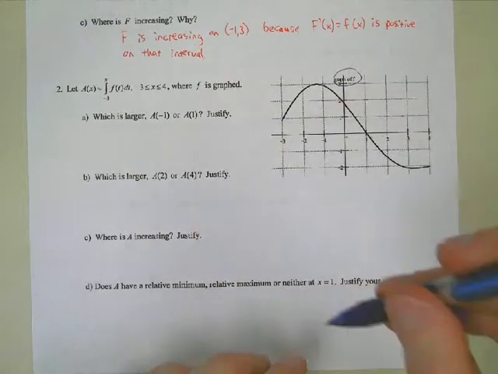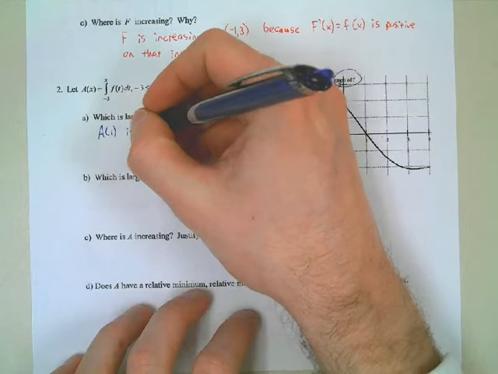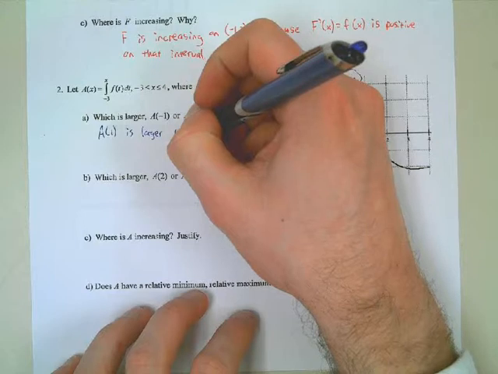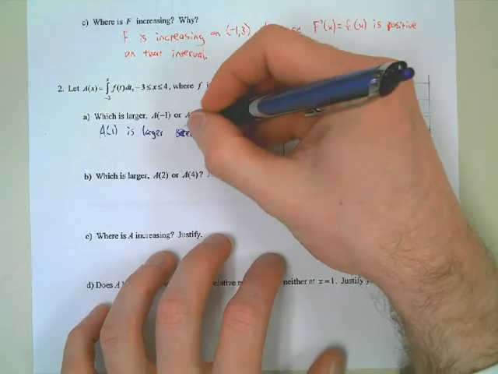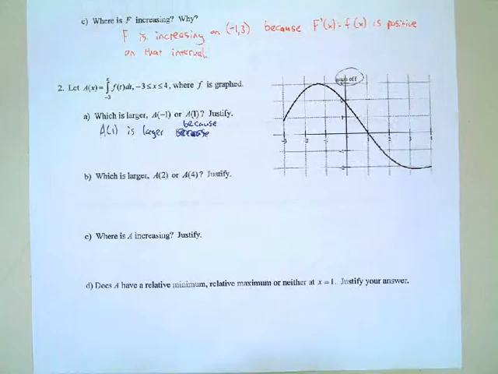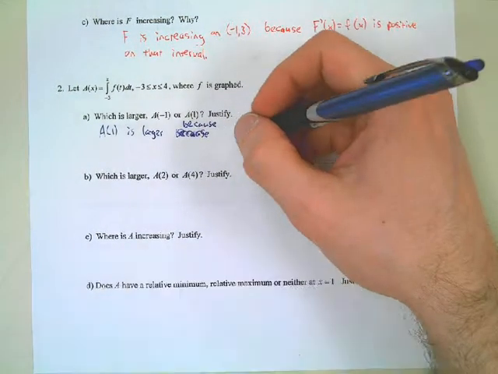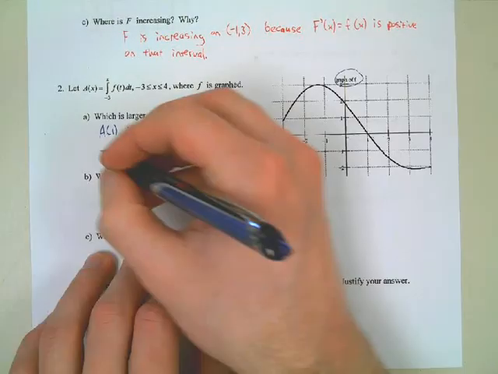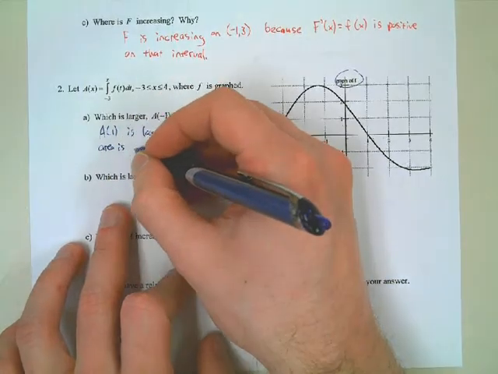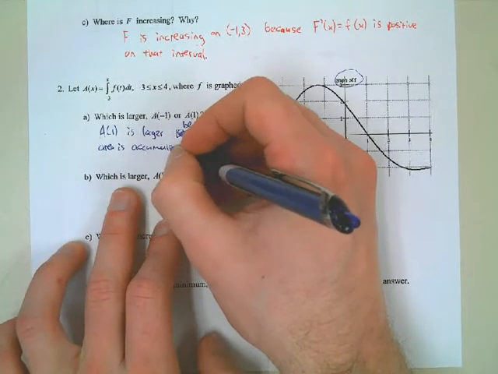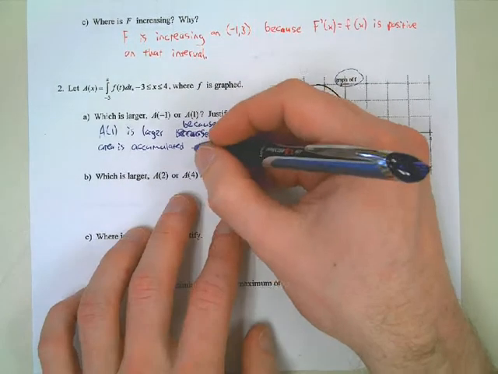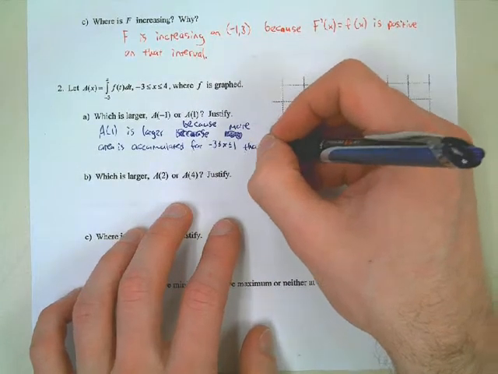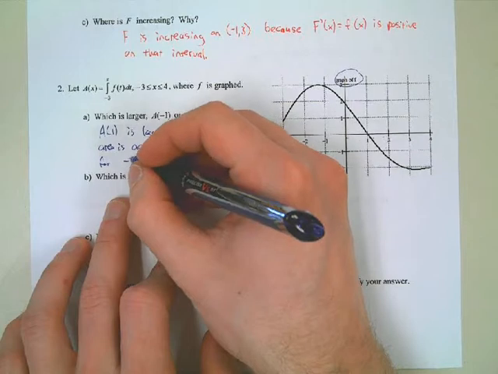So we're going to say a of 1 is larger, okay, because more area is accumulated for -3 less than or equal to x less than or equal to 1 than for -3 less than or equal to x less than or equal to -1.